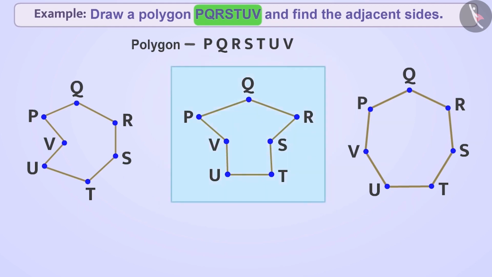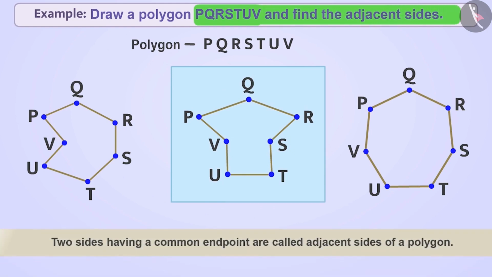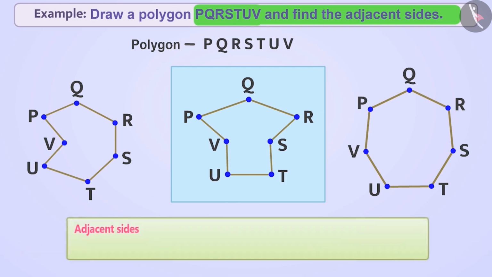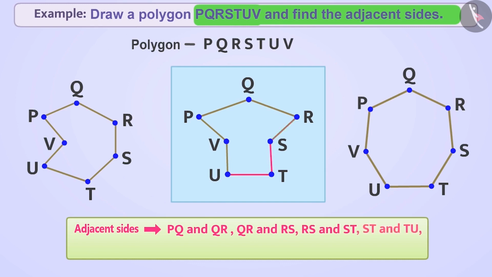Now let's find adjacent sides in a polygon. As you know, the two sides having a common endpoint are called adjacent sides. In this way, adjacent sides in polygon PQRSTUV are PQ and QR, QR and RS, RS and ST, ST and TU, TU and UV, UV and VP, and VP and PQ.